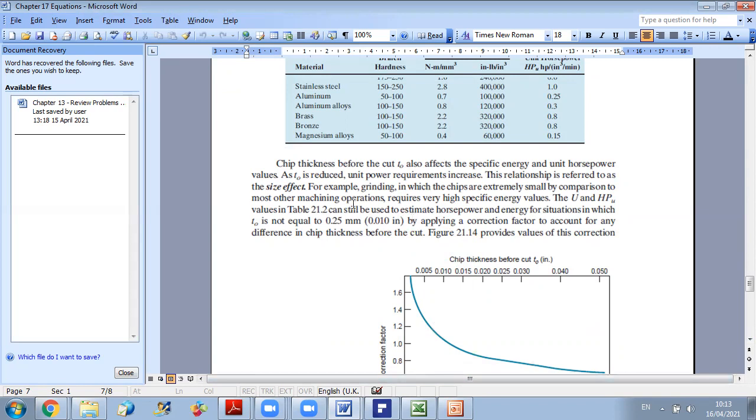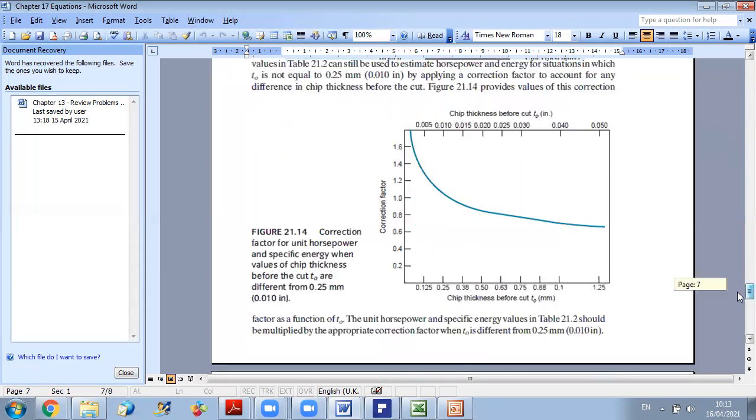For example, in grinding, in which the chips are extremely small by comparison to most other machining operations, the required energy values are very high. So I should take into consideration that the values of specific energy U should be increased. This is why I should make a certain correction. I should multiply the value I get from the table by the correction factor.